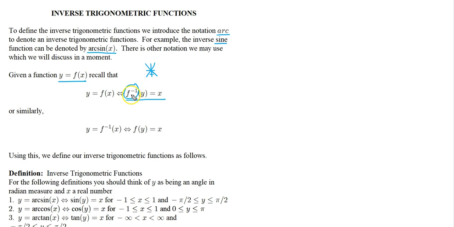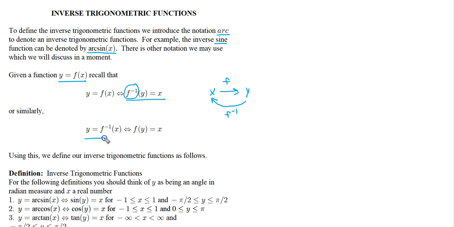It means the inverse function. Now, this is the same as saying that if x goes to y under f, then the inverse function goes backwards. So this means f of x equals y, and so f inverse of y will give you back x.